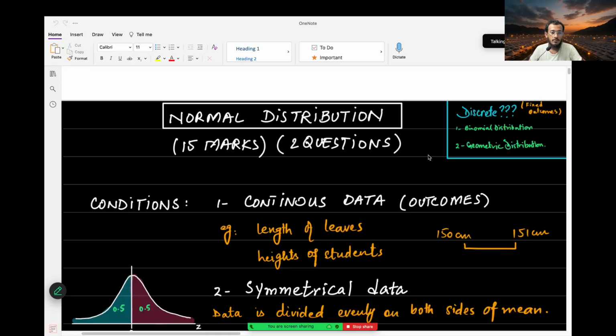What are some examples? We have length of leaves, we have height of students. So is there any fixed set of values within which you could restrict the heights of students? Is it possible?